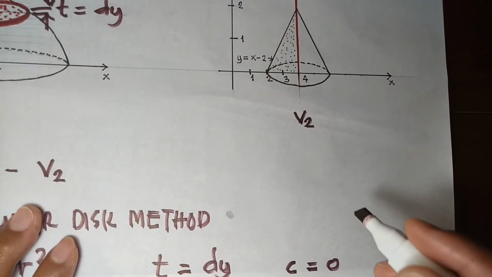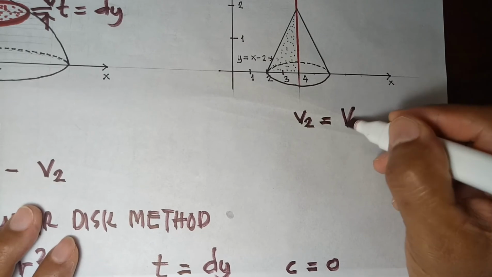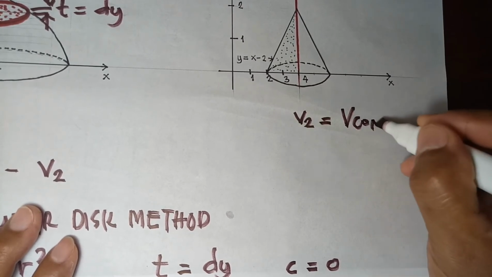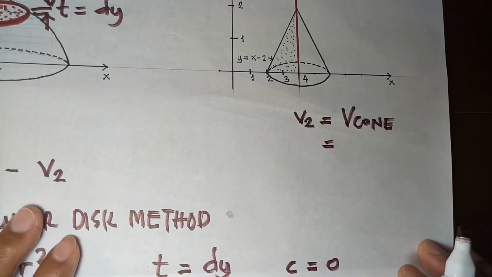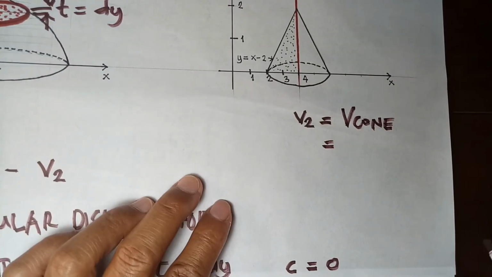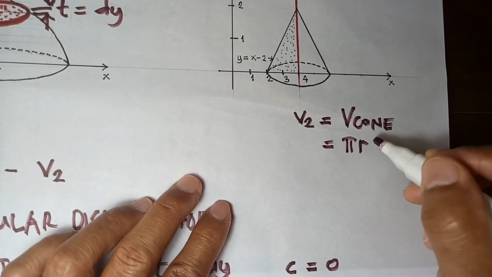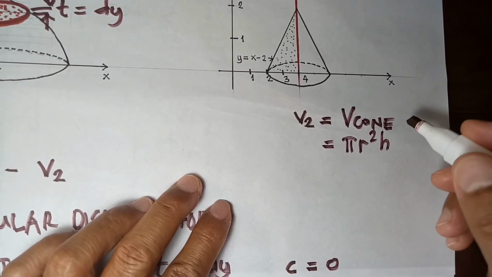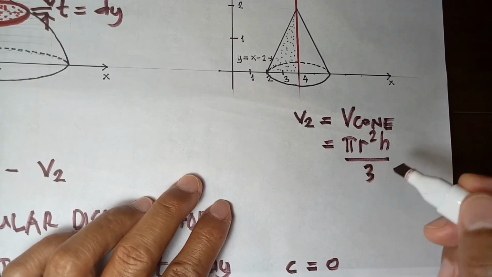Okay? So, volume 2 natin, equal siya sa volume ng cone. Ano ba yung volume ng cone? By formula. So, by formula, pi r squared H divided by 3. So, ito yung volume 2 natin, ano?